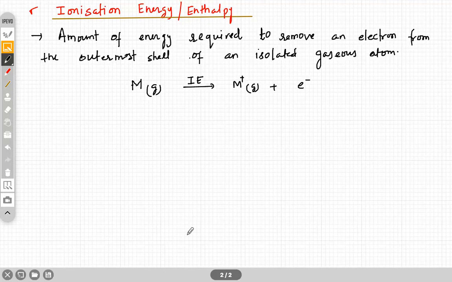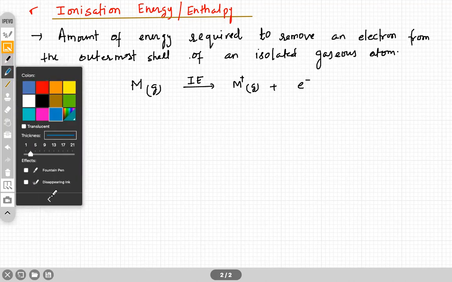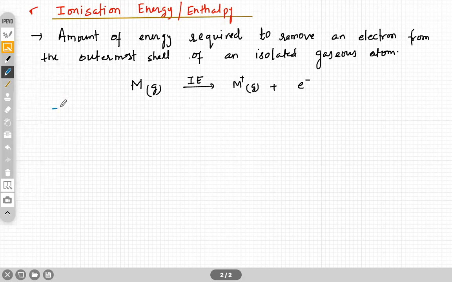Okay, from an isolated gaseous atom. That is ionization enthalpy. Okay, write down. Ionization enthalpy is always positive.